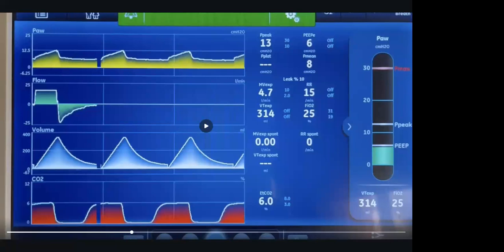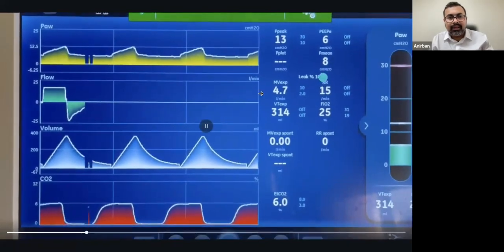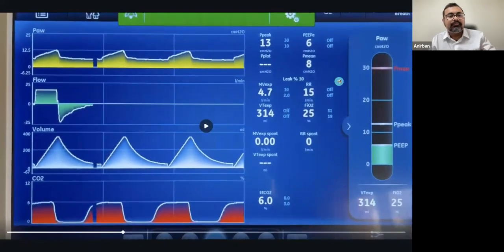If we look at this waveform, we can see that the flow is a constant flow wave pattern. So the flow is controlled here. If flow is controlled, the volume is controlled, so it must be a volume controlled breath, right? The pressure slowly increases as the lung inflates.